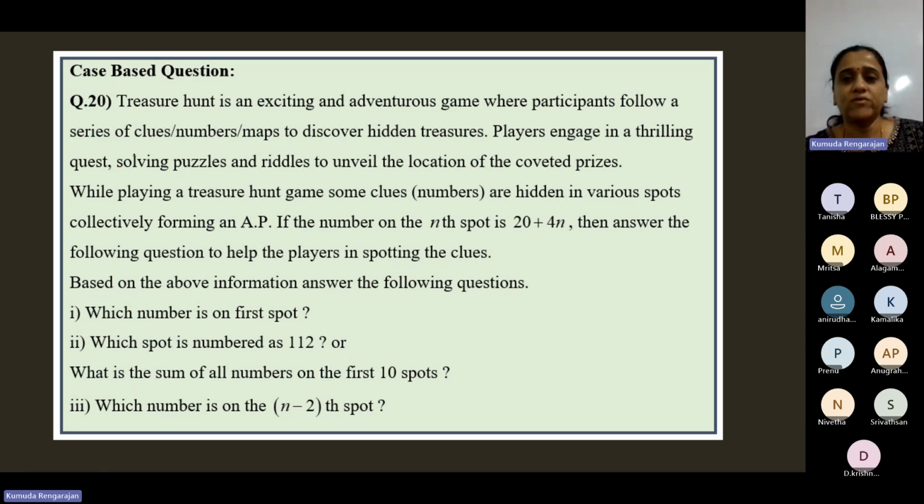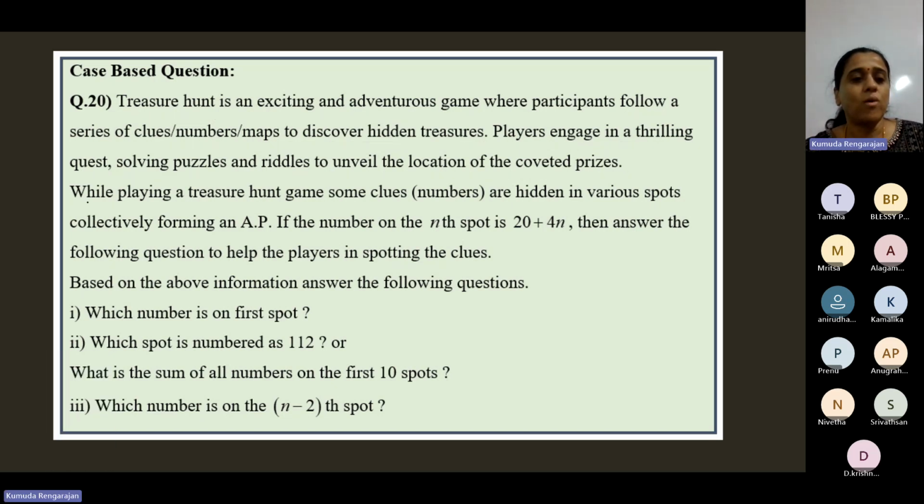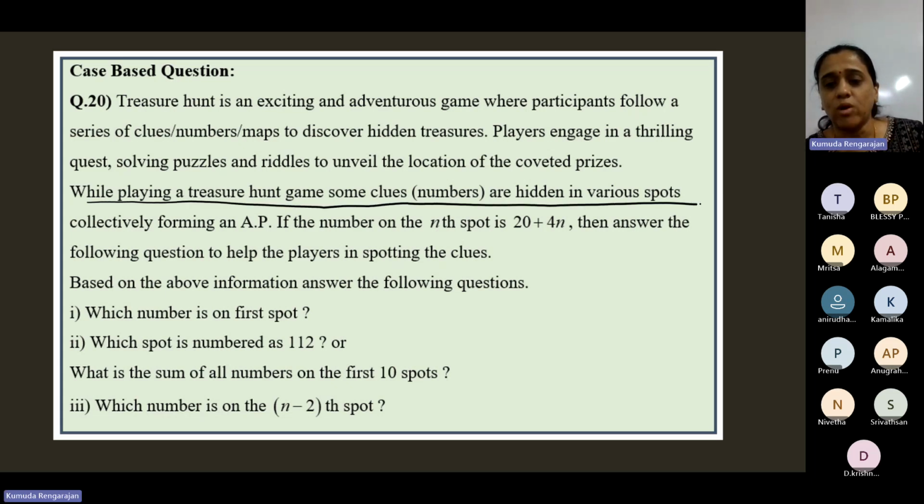The participants follow a series of clues, numbers, and maps to discover the hidden treasures. That's what a game of treasure hunt is. Players engage in a thrilling quest, solving puzzles and riddles to unveil the location of coveted prizes, the hidden prizes. While playing a treasure hunt game, some clues are hidden in various spots, collectively forming an AP.